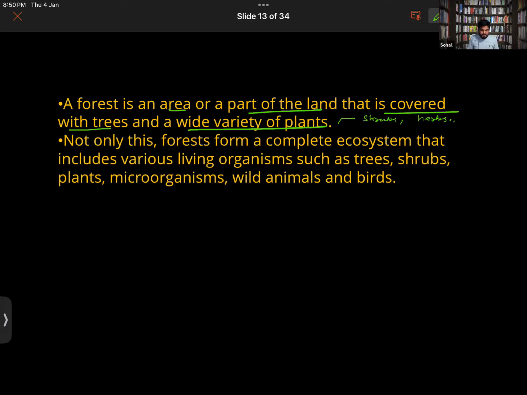Not only this, forests form a complete ecosystem that includes various living organisms such as trees, shrubs, plants, microbes, wild animals, and birds, and some other species of organisms as well. So when the definition for forest is asked, this is what you should be writing. Any questions so far?